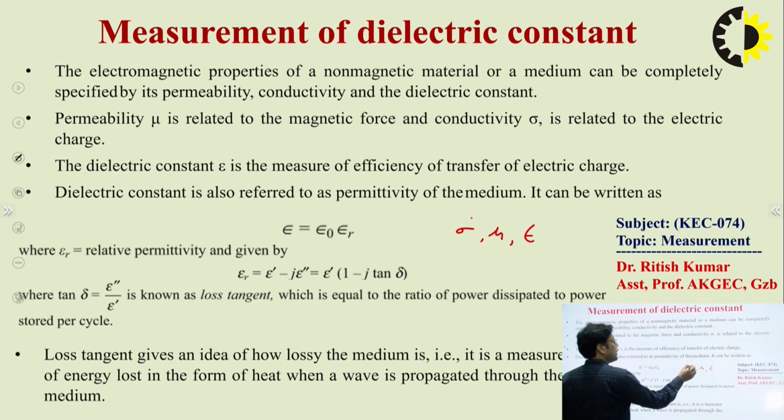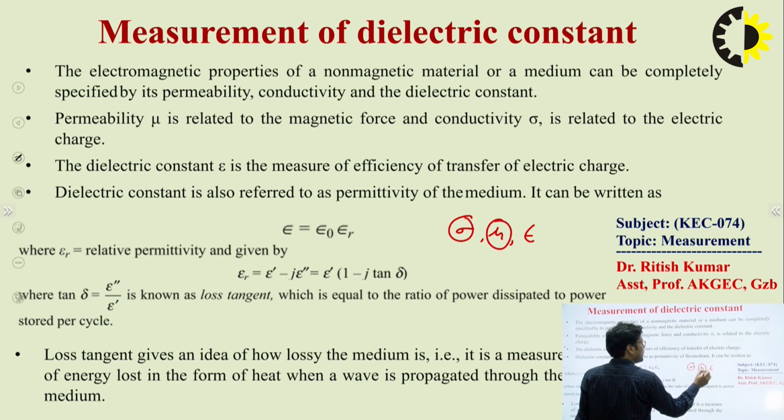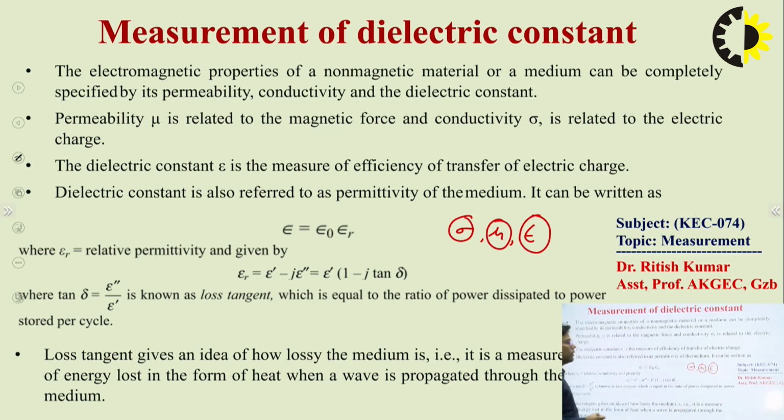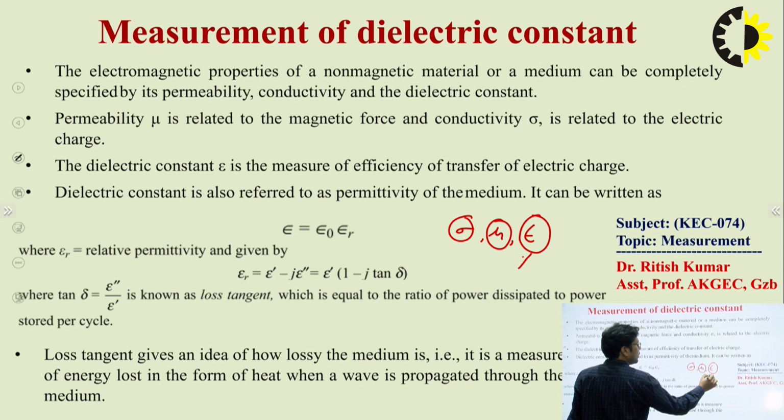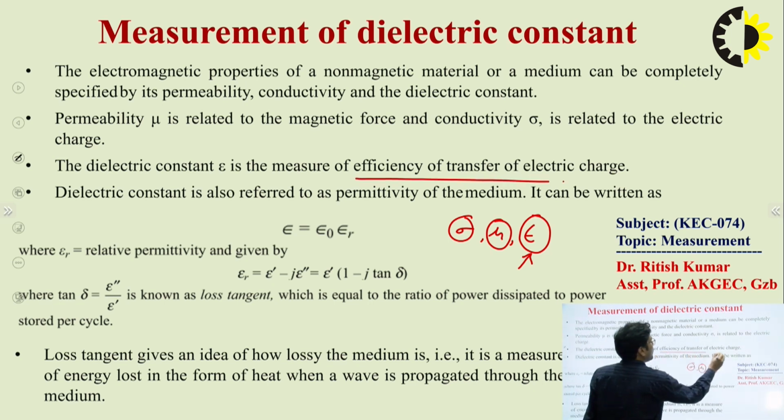Sigma is the conductivity, mu is the permeability and epsilon is the permittivity. Here we need to focus on the permittivity. Permeability mu is related to the magnetic force and conductivity is related to the charge. The dielectric constant epsilon is the measure of efficiency of transfer of electric charge.